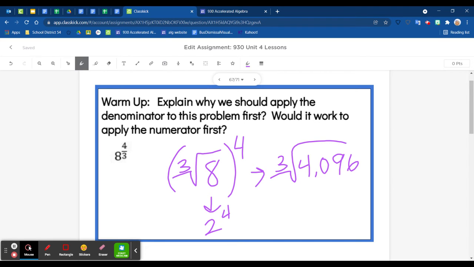So the cube root of 4,096 is a lot more difficult to find than taking 2 to the power of 4 and getting 16. The cube root of 4,096 does equal 16. You get the same answer both ways, but this one I don't know off the top of my head, and this one I do. So that's why it's easier.